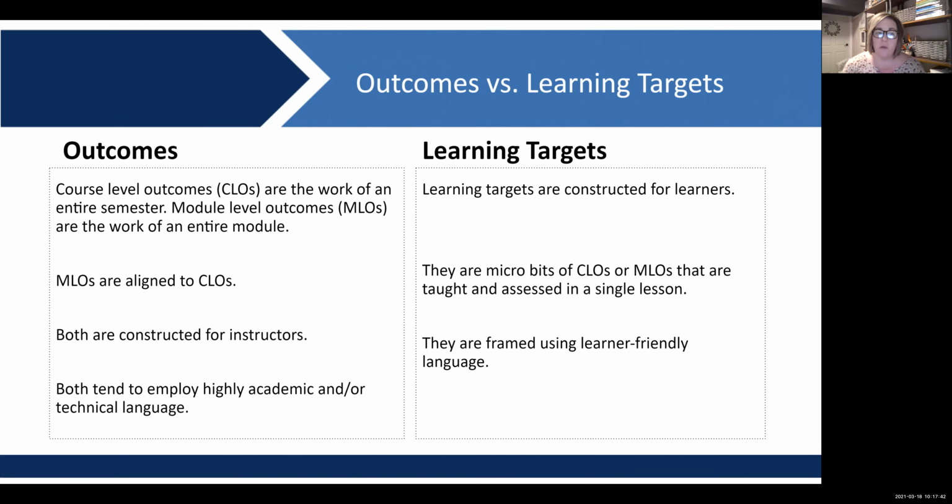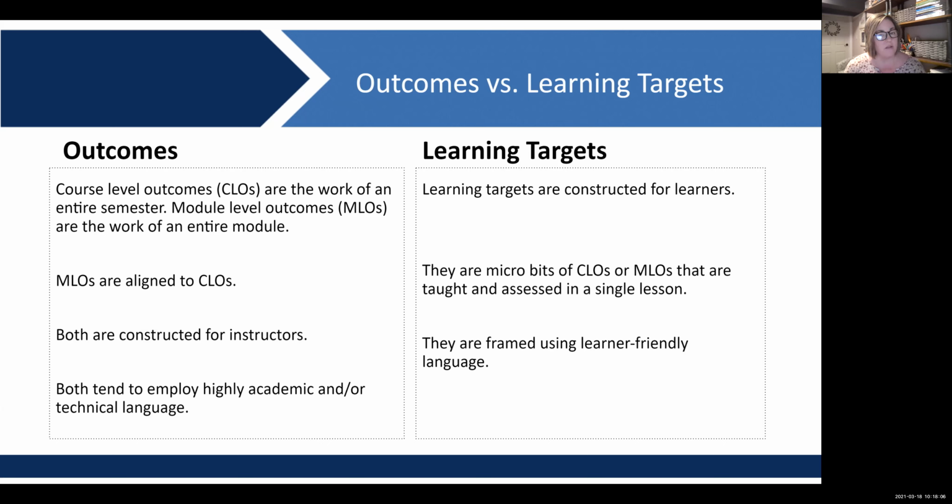All of us are familiar with course level outcomes, and we're aware of the fact that those are typically the things that students will know and be able to do by the time they've finished a course. They're often the work of an entire semester. Module level learning outcomes are the work of an entire learning module, and they align to those course level outcomes.